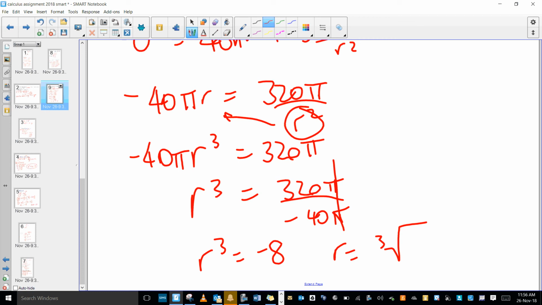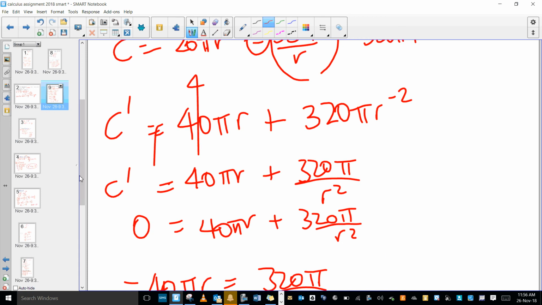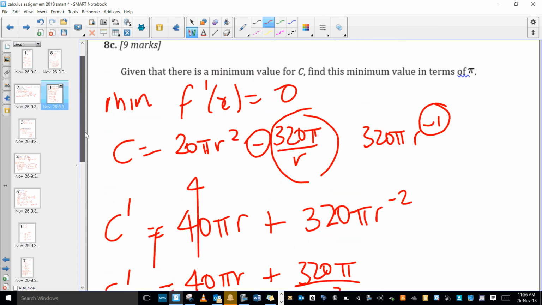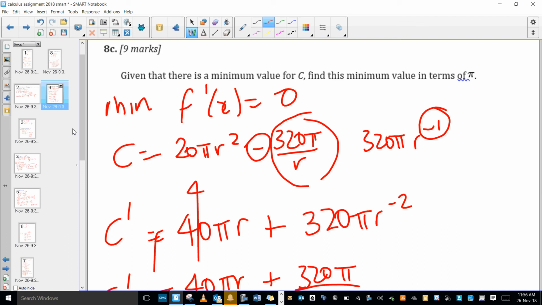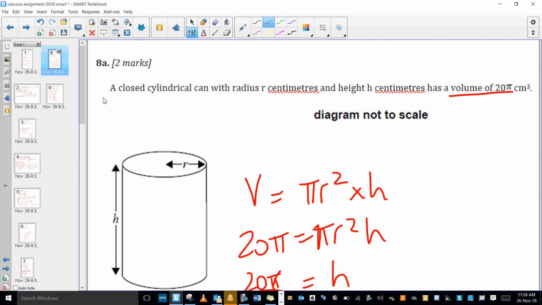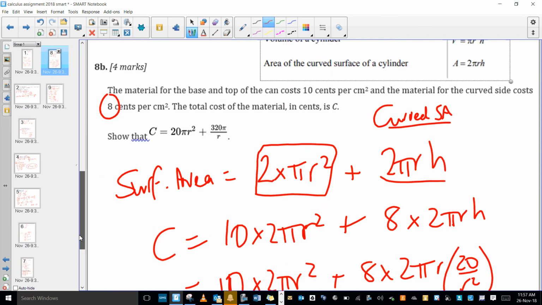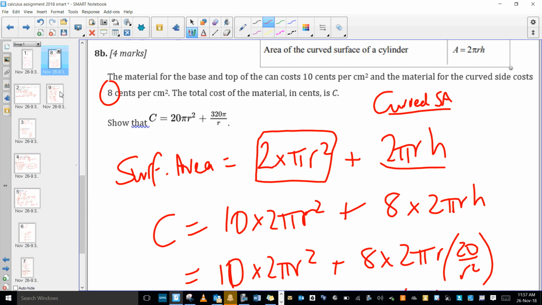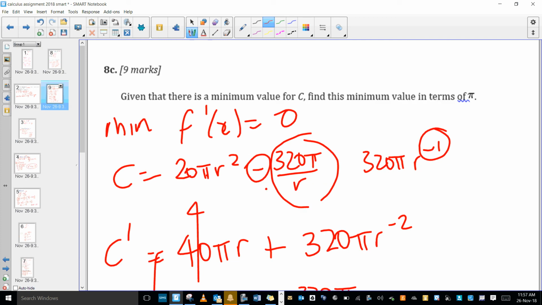Hang on, wait a minute. Did I write that down wrong? Oh, it's plus, you fool. So this should have been plus, so this would be minus.